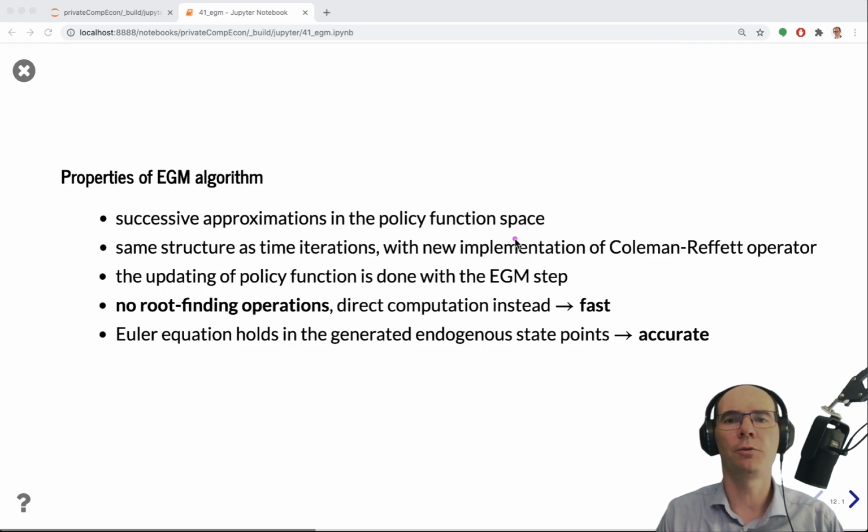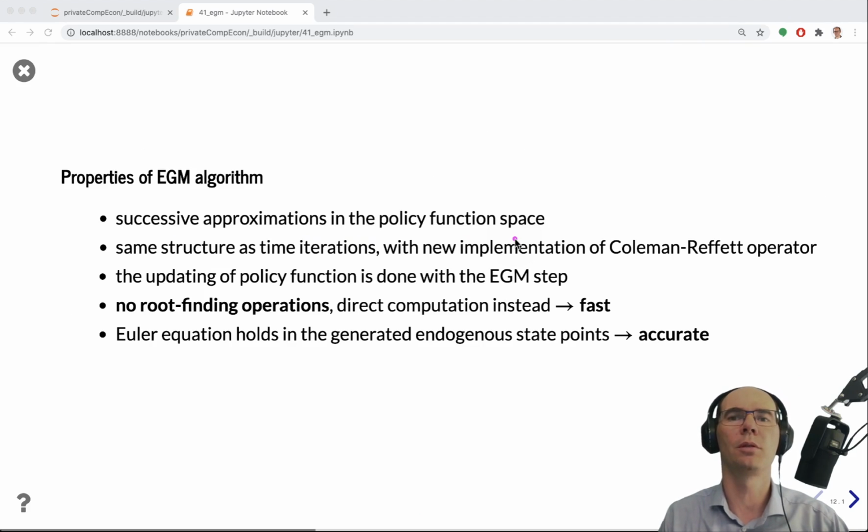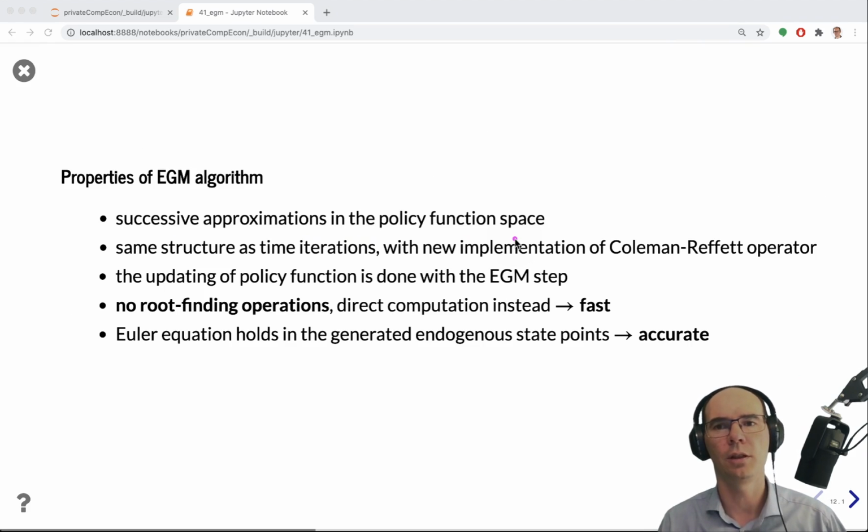Now, in the finite horizon problem, it is still doable, right? But we don't need to converge. We just have to compute the policy function for each time period. And therefore, the EGM is completely applicable for the finite horizon problems as well. It's just a simple change of the iterative algorithm in the solver.